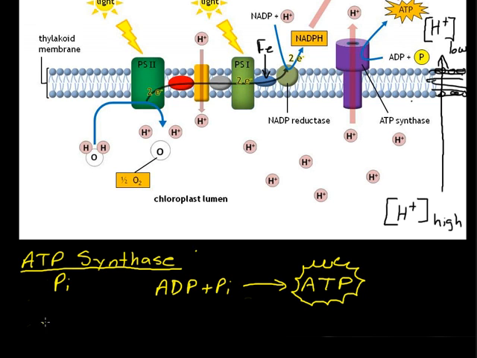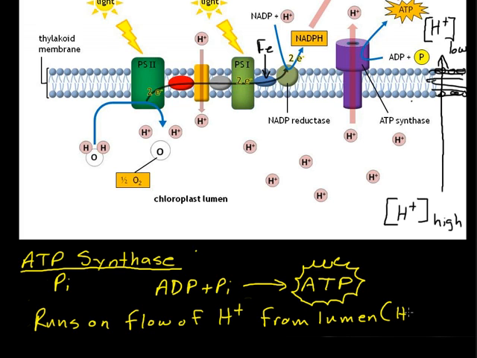ATP synthase makes ATP in this reaction, and it basically runs on the flow of hydrogen ions from the lumen, where they're high concentration, to the stroma, where the concentration is low.